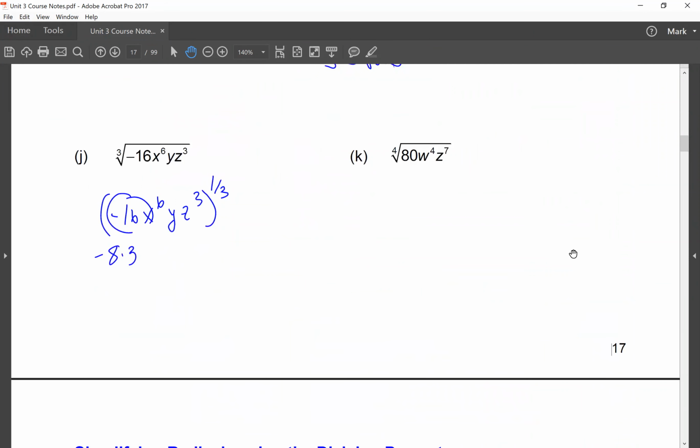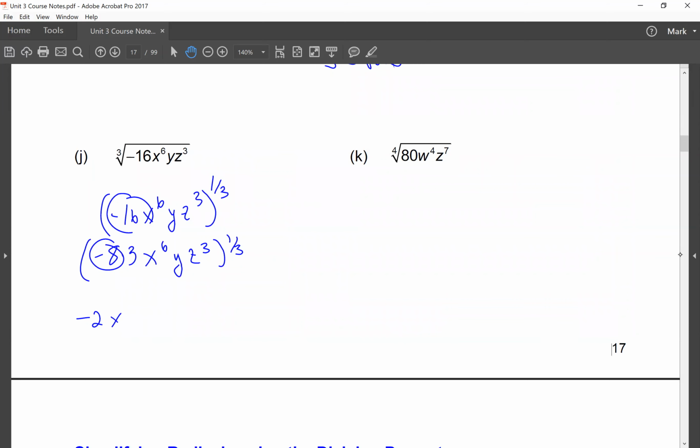So I'm just simplifying this. So x6, y, z cubed. So I can remove the negative 8. That would become a negative 2. The 3 I can't do anything with, so we'll save him.